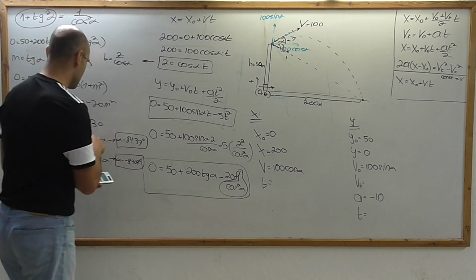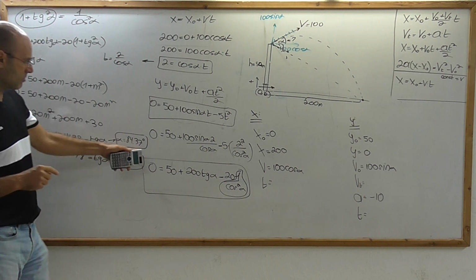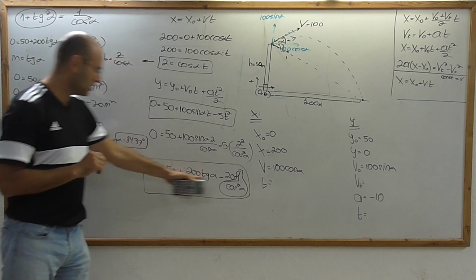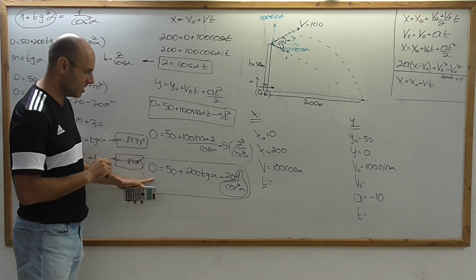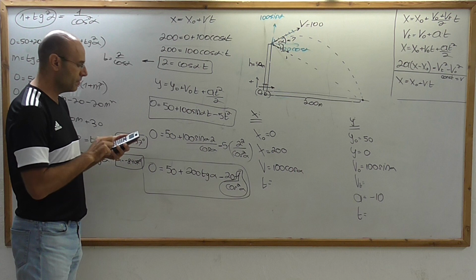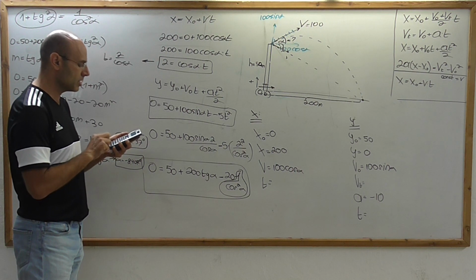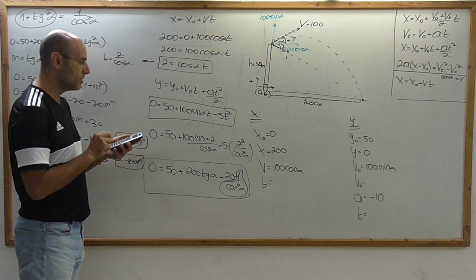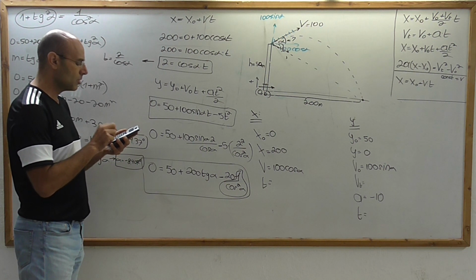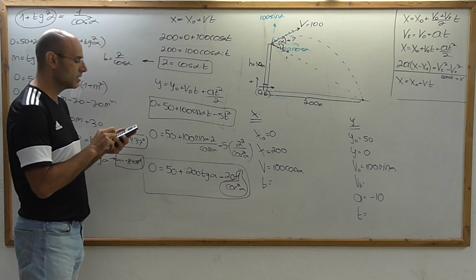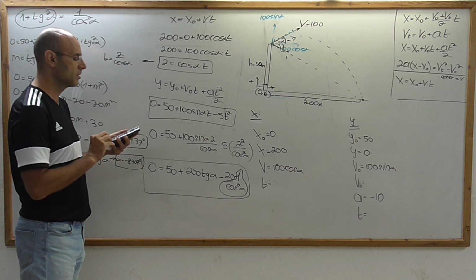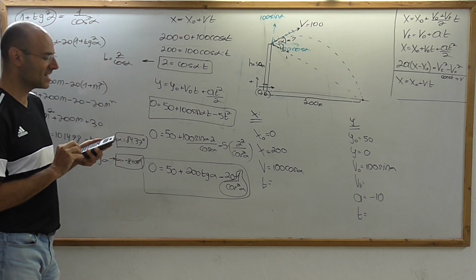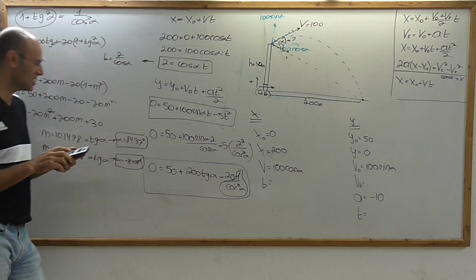I can take the angle, for example, the 84.37, and place it in this equation and see if it reaches 0. So I'll do 50 plus 200 tangent ans minus 20 over cosine ans squared. Not exactly. Maybe I have a mistake.